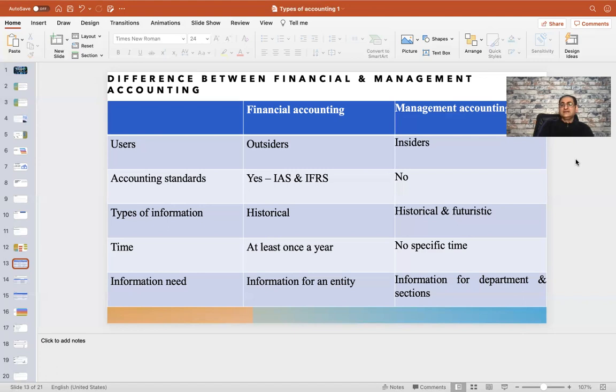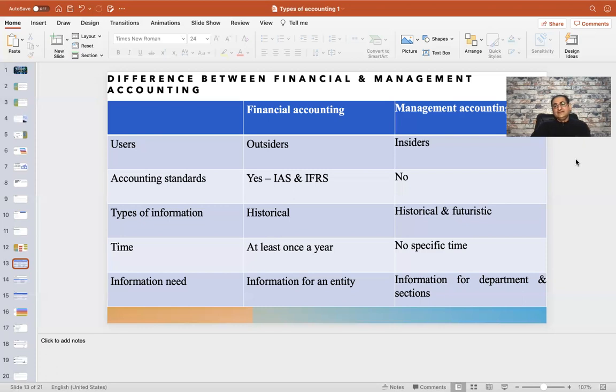The next one is the information need, or the information which is provided by financial accounting reports and management accounting reports. Financial accounting reports provide information for the entire organization, overall, such as profit for the organization in 2020, total expenses.